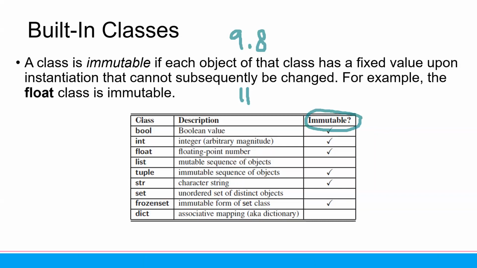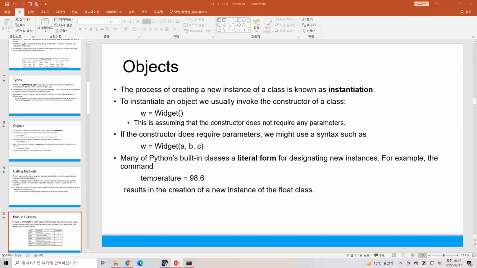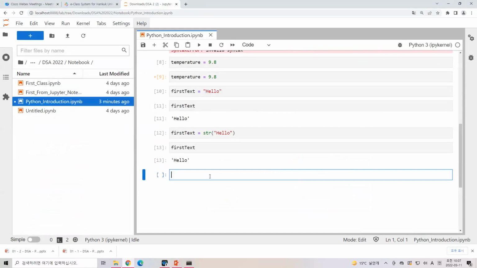And let's see these classes one by one. Let's see the first three. Boolean. Do you know Boolean? It is true or false.